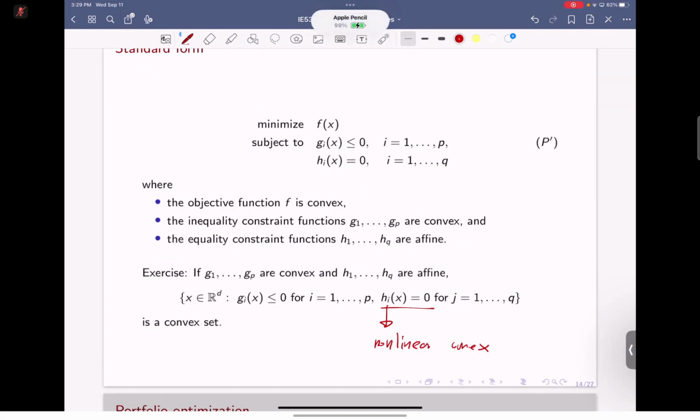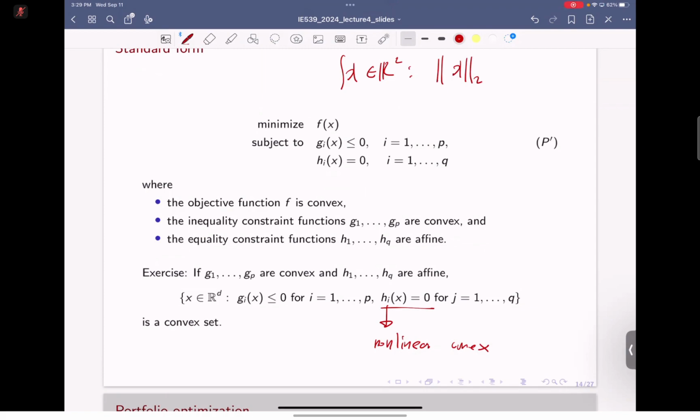Well, let me actually give you an example. Think about x in R^2 and the L2 norm. So we know that any norm is a convex function.